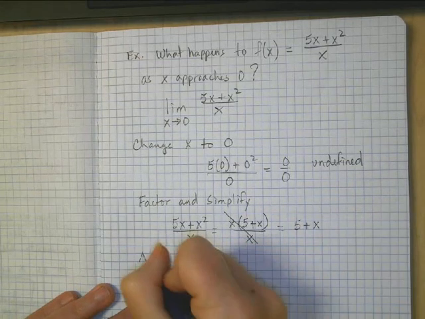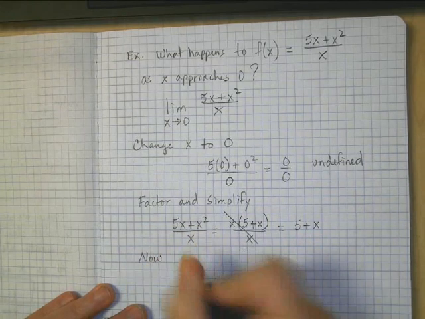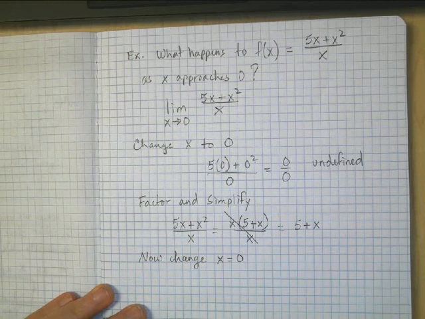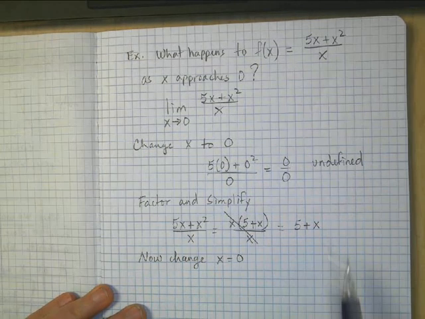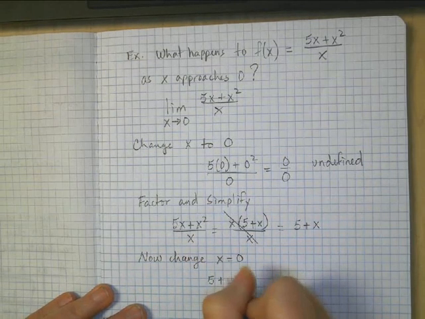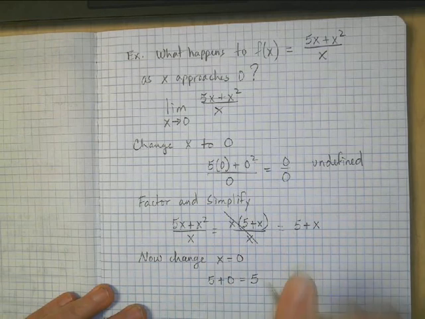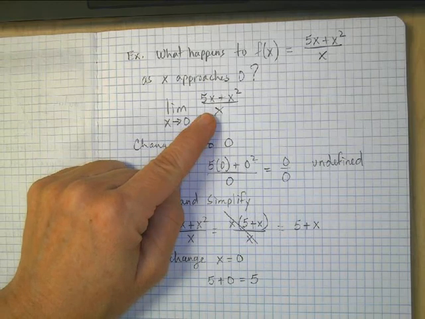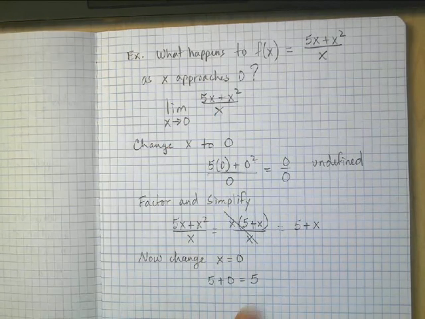Now, substitute in, change x to 0. So what happens when x is 0? 5 plus 0, I get 5. That means that this function, as x gets really close to 0, is approaching the number 5.